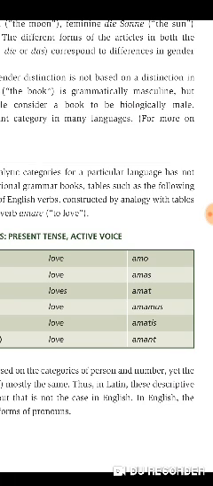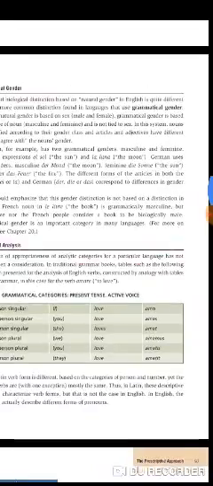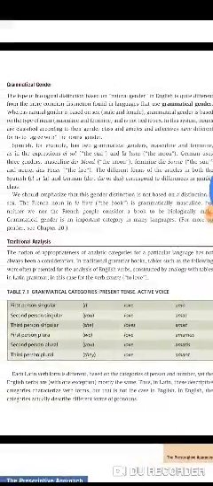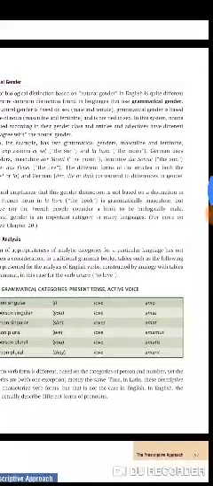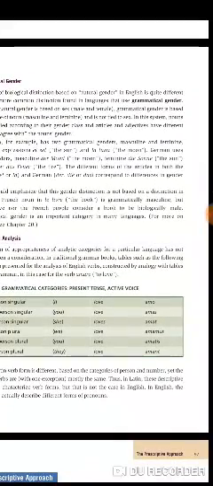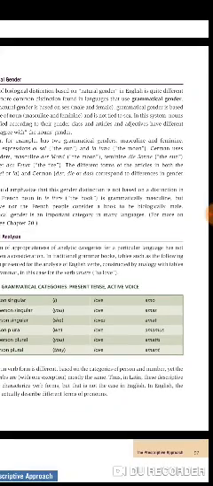Amas means you, singular, love. Amat means he or she loves. Amamus means we love. Amatis means you, plural, love. And amant means they love. You can go to your book and see that this is the example of the verb love in Latin.